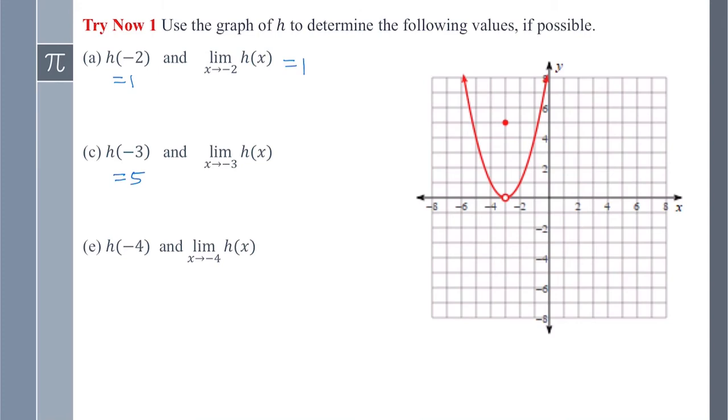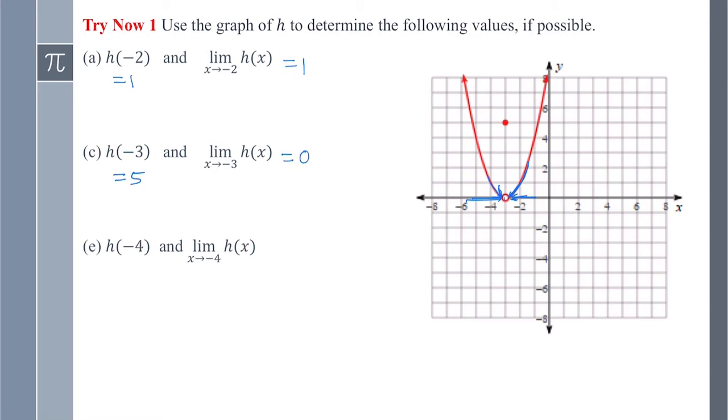So as x approaches -3, we see that the function is approaching this point here, and the y value here is 0. So as x approaches -3, from the graph, you can see the function is approaching this y value, which is 0. So this limit equals 0.